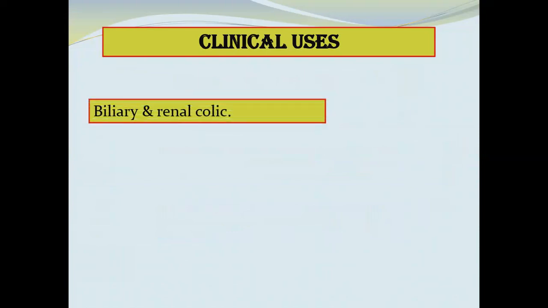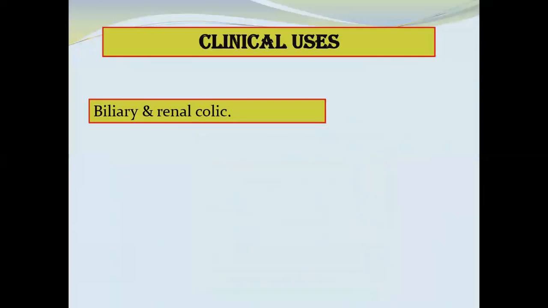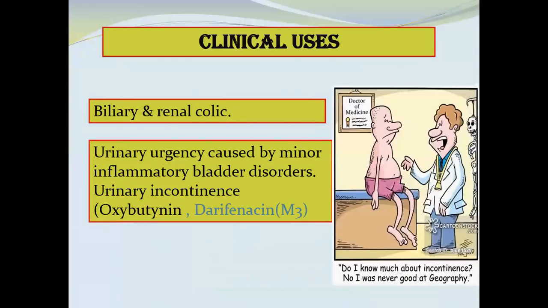In biliary and renal colic, these drugs can be used, and we use Buscopan. Also in urinary urgency caused by minor inflammation of the bladder, and in urinary incontinence, you can use oxybutynin and darifenacin, which block muscarinic receptors.